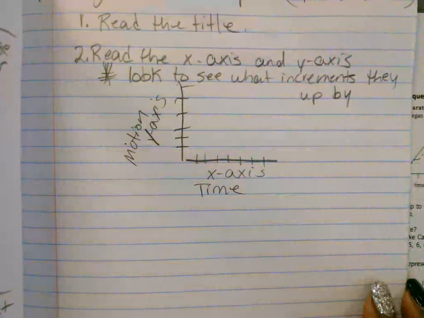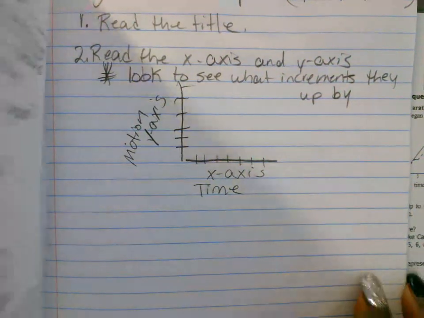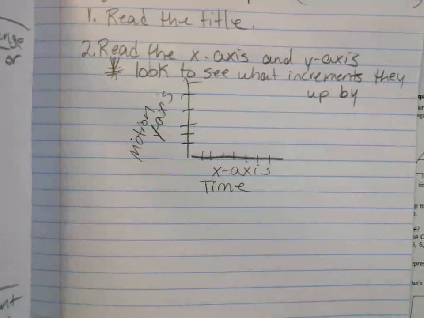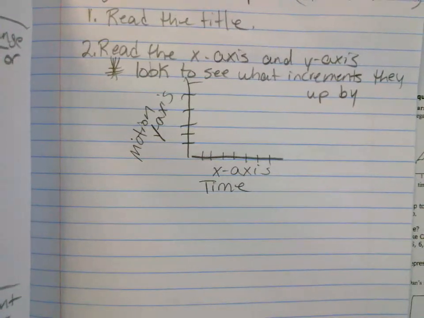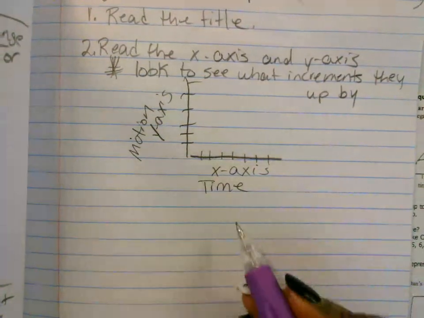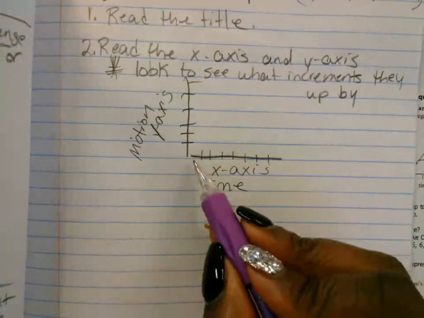They might go up by 1s. They might go up by 2s. They might go up by 5s. They might go up by 10s. They might go up by 4, 11, 12. Look to see what increments it's going up. Don't assume that it's going up by 1s.